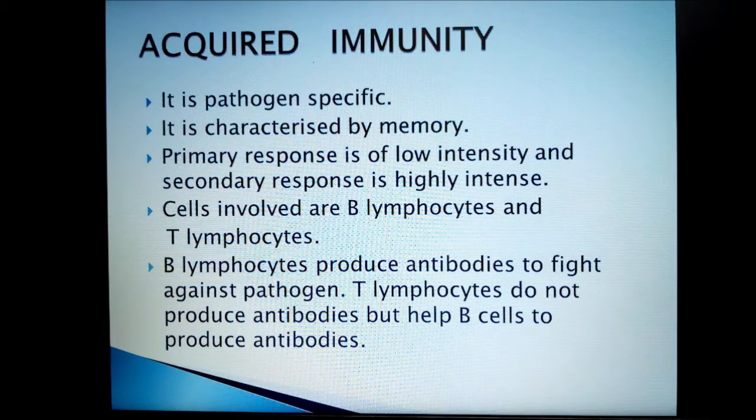B lymphocytes produce antibodies to fight against the particular pathogen which has entered the body, while the function of T lymphocytes is only to help B cells produce antibodies. T lymphocytes on their own do not produce antibodies. They only help B cells to produce antibodies.